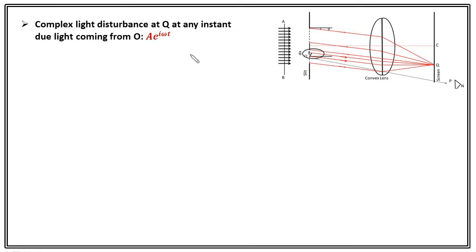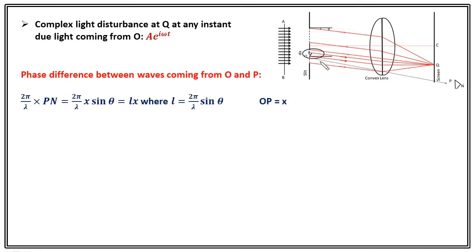Now the next question is, what is the complex light disturbance at point Q due to light coming from point P? To do that, we just need to calculate the phase difference between the light coming from point O and light coming from point P. The phase difference is nothing but 2 pi by lambda times the path difference.